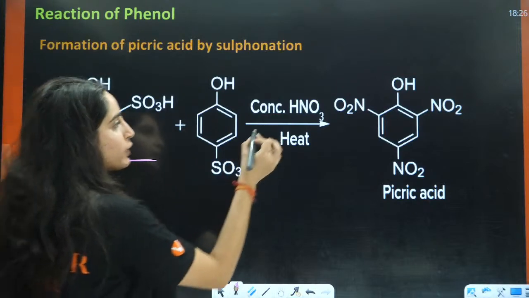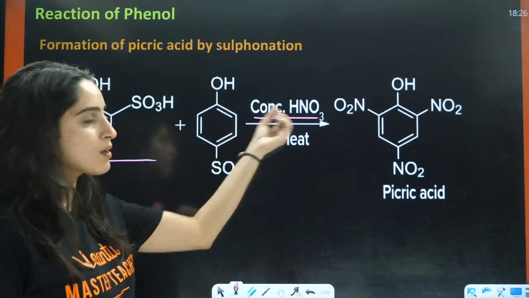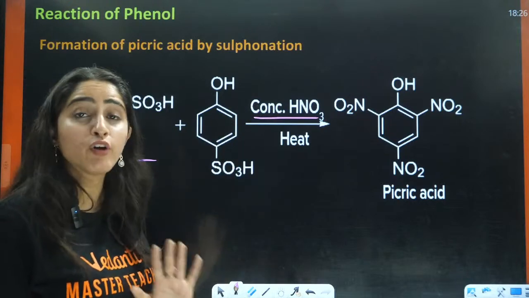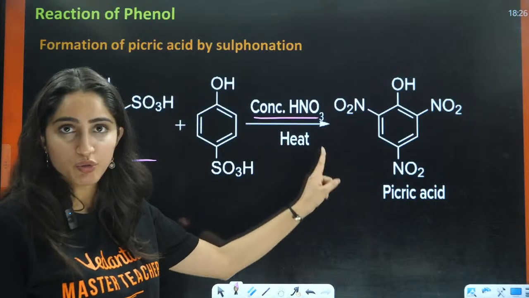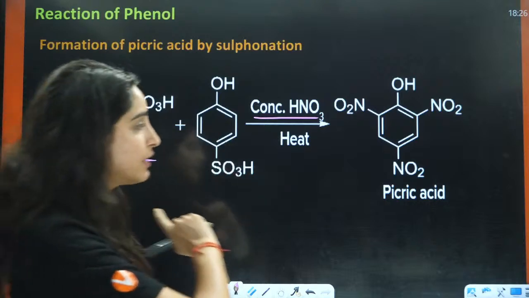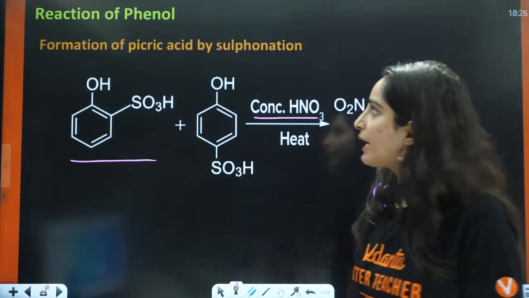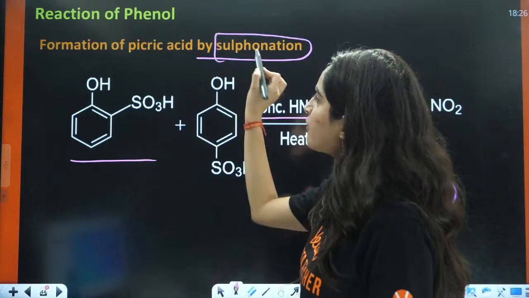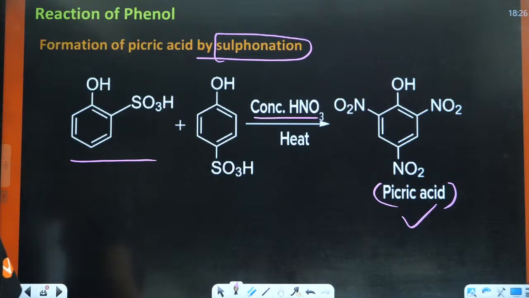Now you give it concentrated HNO3, just concentrated HNO3, not the full nitrating mixture, not H2SO4. It will convert this sulfonic acid to picric acid, right? So this is how you can form picric acid by sulfonation.